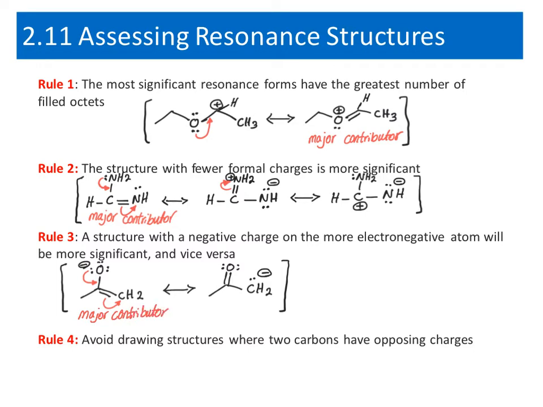The fourth rule says that we should avoid drawing structures where two carbons have opposing charges. So if you look at this example here, okay, let's draw the resonance structure for this molecule.